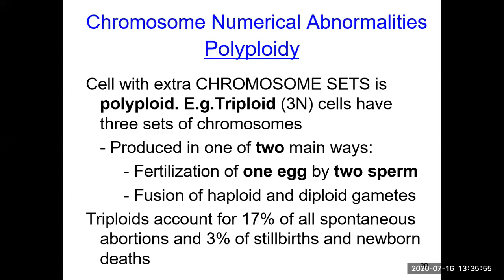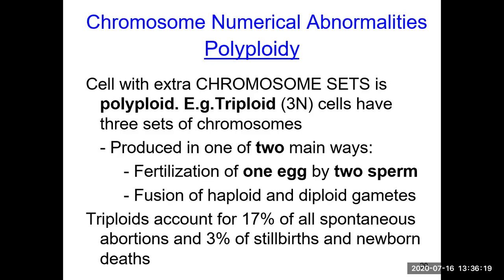So let's start with chromosomal numerical abnormalities. One of the numerical abnormalities is called polyploidy. Polyploidy means when an individual has an extra entire chromosome set. We are diploid organisms. That means we have 2 of each chromosome, right? So we have 2 of chromosome 1, 2 of chromosome 2, 2 of chromosome 3.